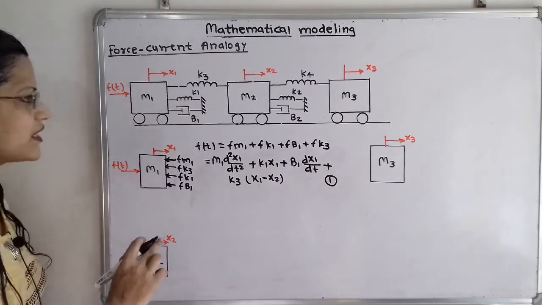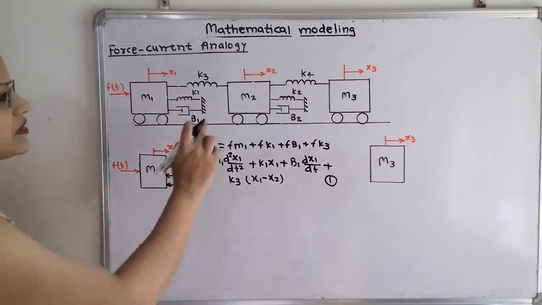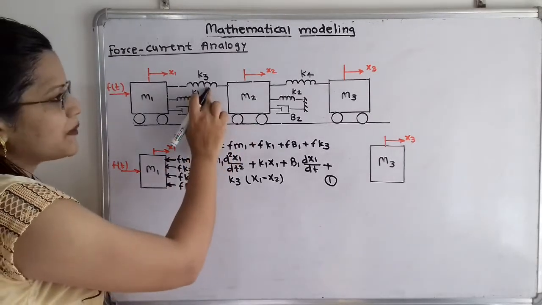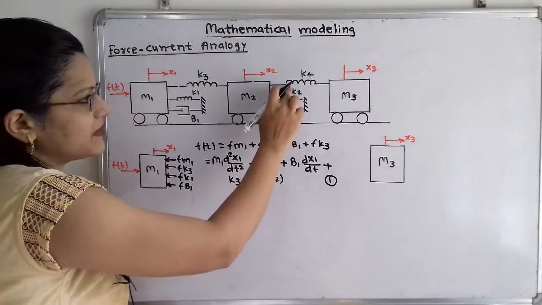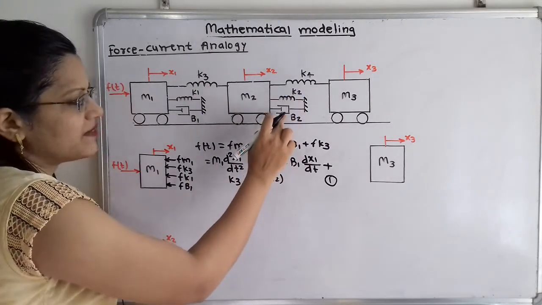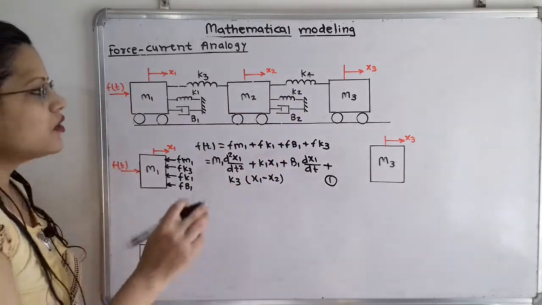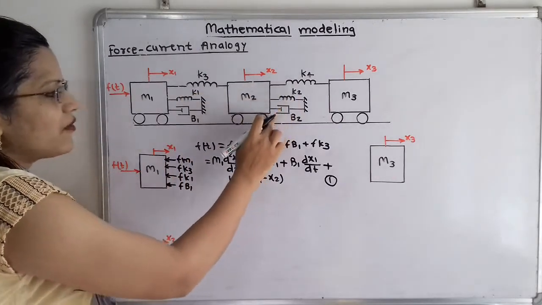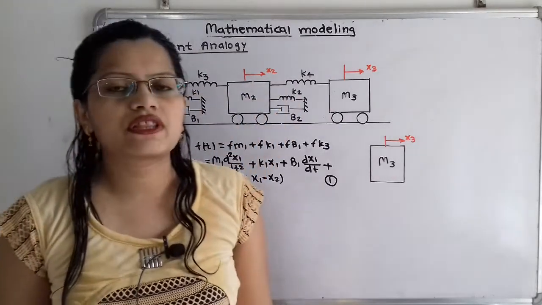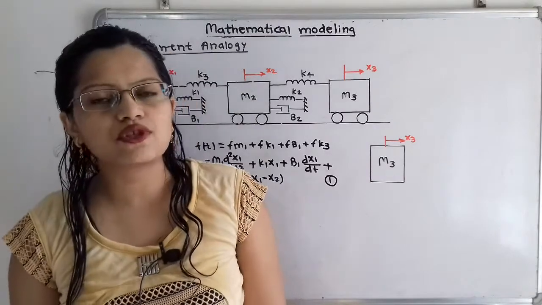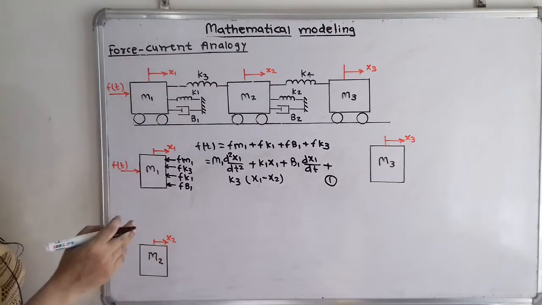Now we will move to the next mass m2. This mass m2 is connected to the spring with stiffness k3, the spring with stiffness k4, the spring with stiffness k2 and the damper. All these elements are responsible for the reaction forces, so we have to show all these forces in the opposite direction.